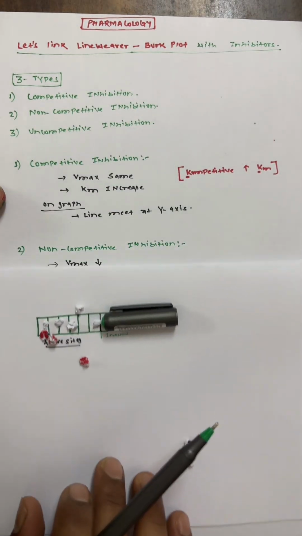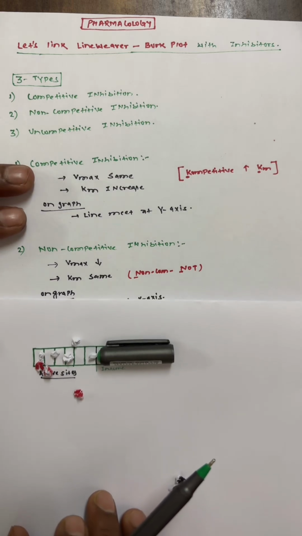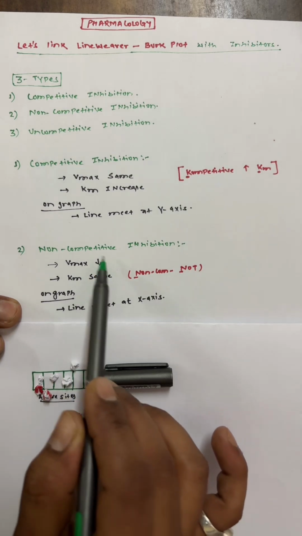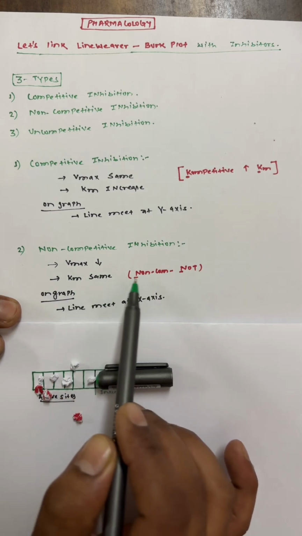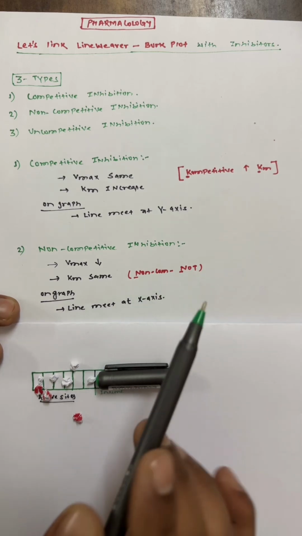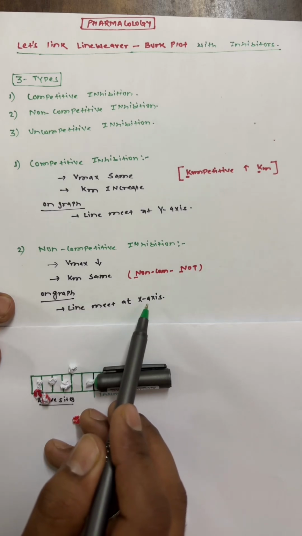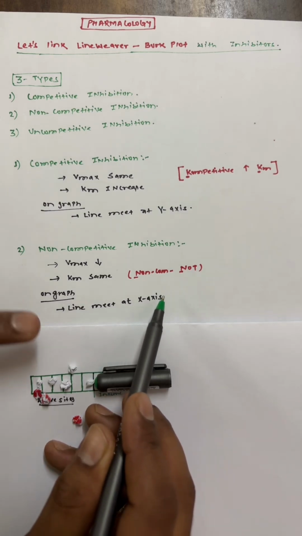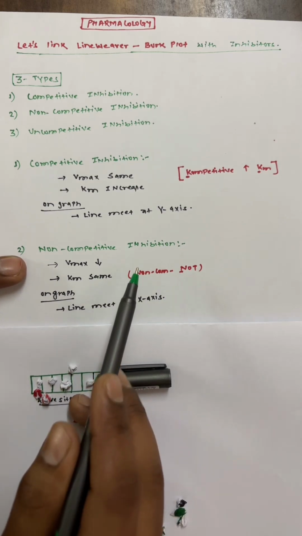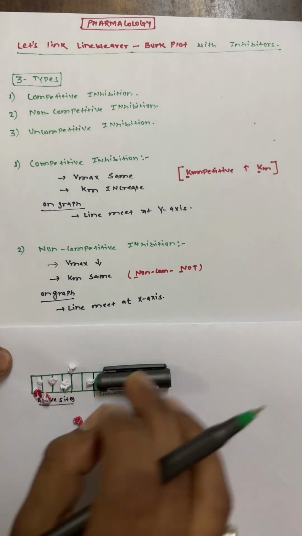Now we'll talk about non-competitive inhibitors. In these conditions, the Vmax will decrease and Km will remain the same. So in non-competitive, there is no change in Km, and the lines meet at the x-axis. Wherever the lines meet on the x-axis, that denotes non-competitive inhibitors.